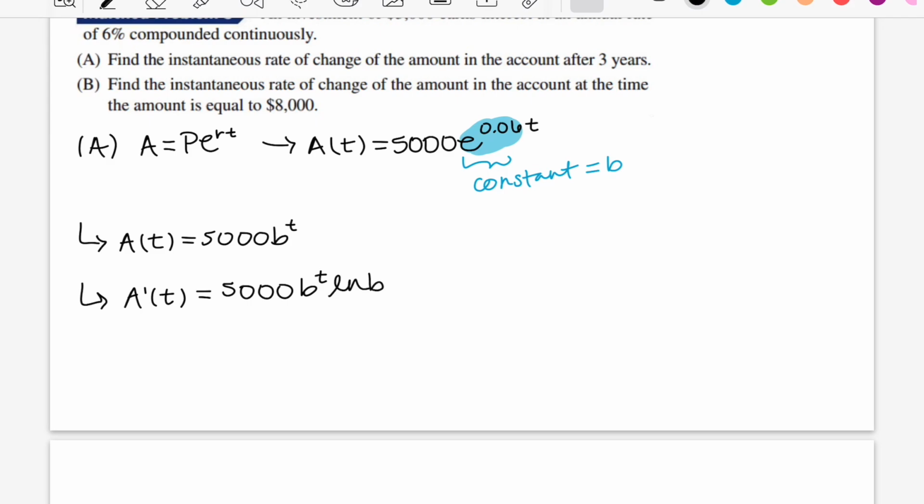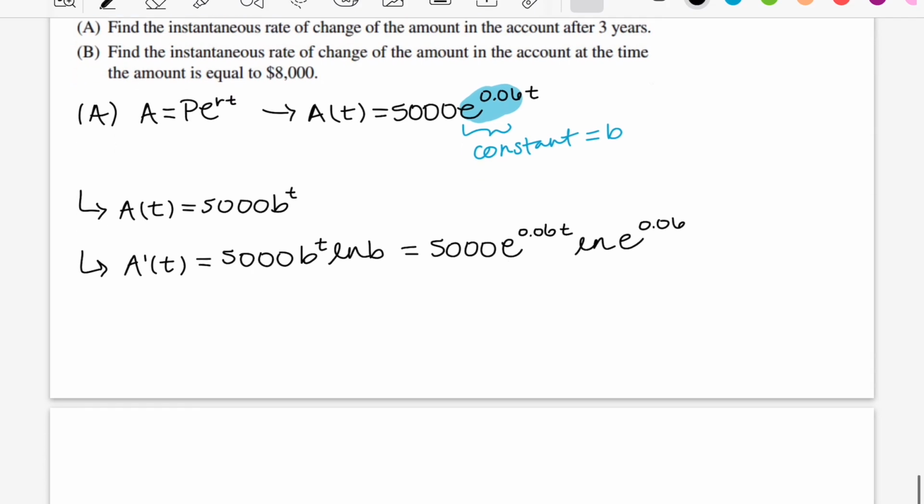Now plugging our value for b back in, we get 5,000 times e to 0.06 times t times ln of e to 0.06. All right, and then remember ln and e are inverses, so that guy cancels.